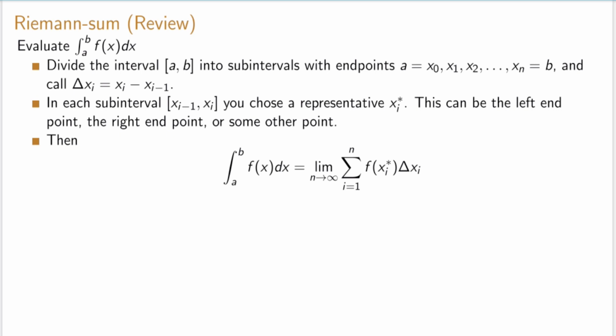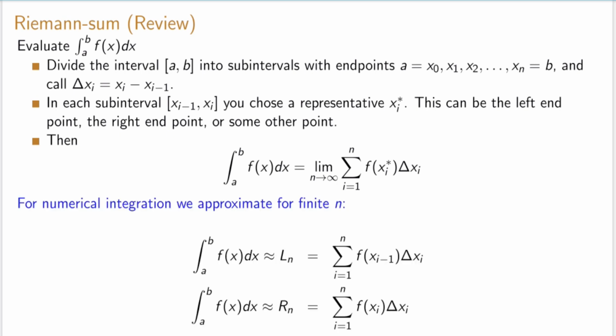Now the idea of numerical integration is just to stop at a finite n, so not take the limit n goes to infinity. And there were two prominent choices for the xi star. We could use the interval left point or the interval right point, and they're right here.